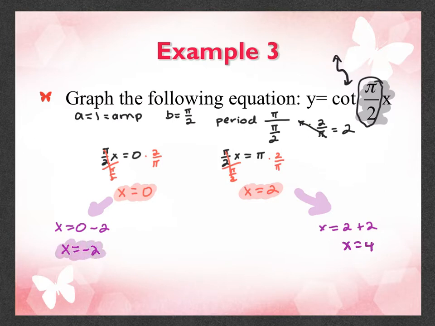Those are your first and last asymptotes as you move from left to right. So I've got negative 2, 0, 2, 4. Those are going to be my asymptotes.